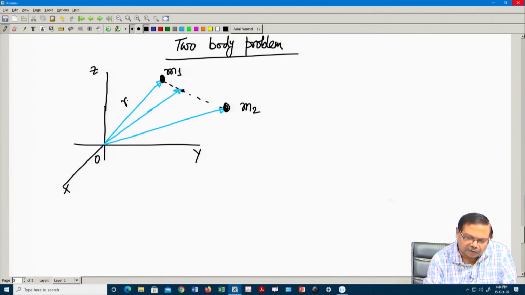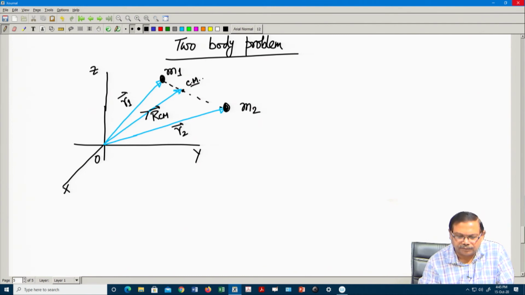Now, R1 is the position vector of mass m1, R2 is the position vector of mass m2, and RCM is the position vector of center of mass.